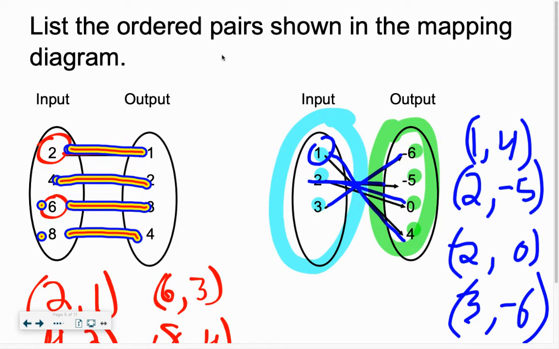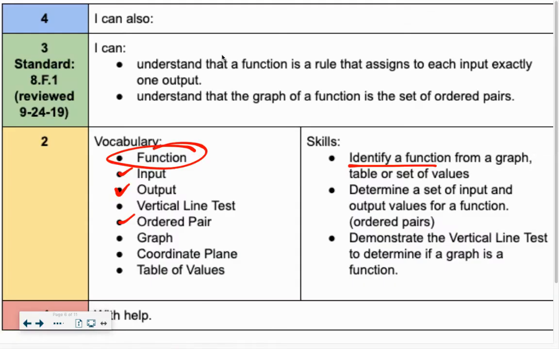Every input has to have only one arrow or line coming from it. So when we're looking here, the 1 has exactly one output. The 2, however, has 2 arrows, 2 lines coming from it. That means that the input 2 does not have exactly one output, so it's not a function.